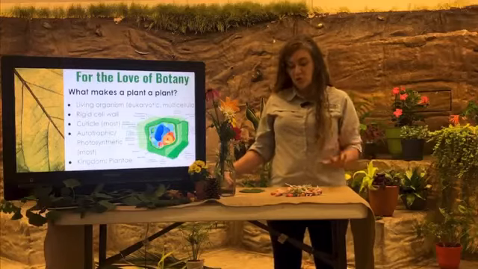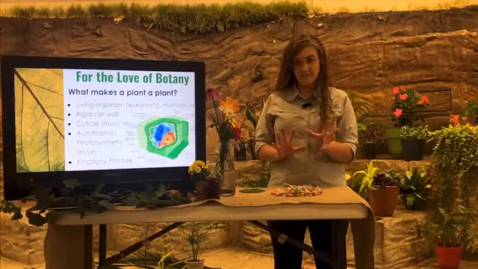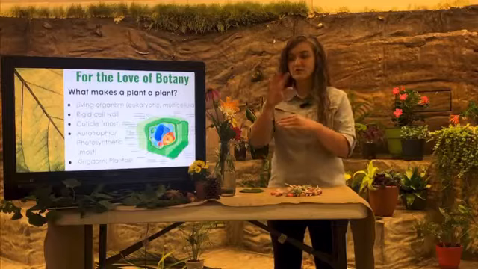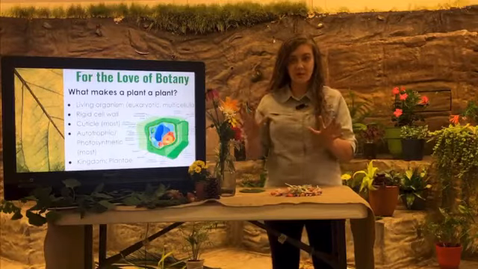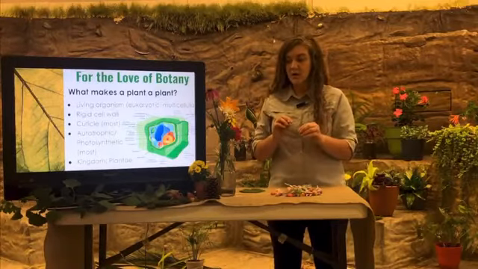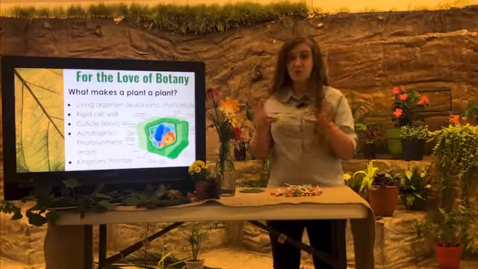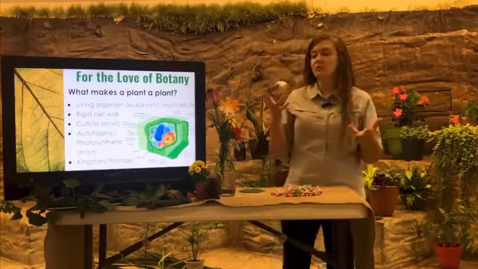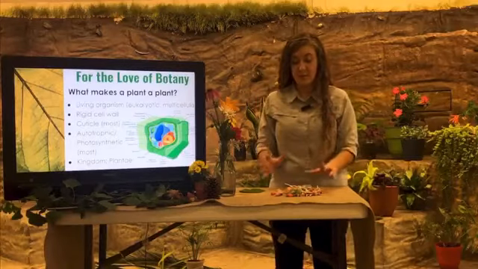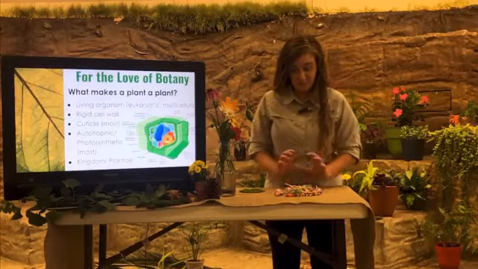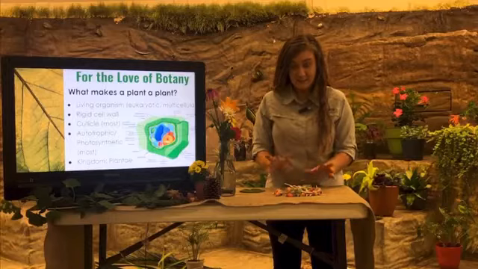So if you were given the task of how to categorize all of the plants, or how to name the plants even, but how to sort them and classify them, how would you do that? So I have a tasty little example here. I've got some candy.